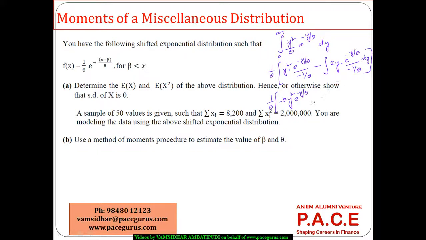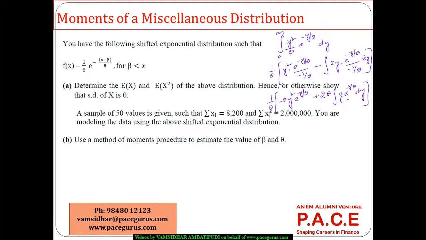And this becomes 2 theta times the integral of y e power minus y by theta dy. Yes, this is what is coming out.